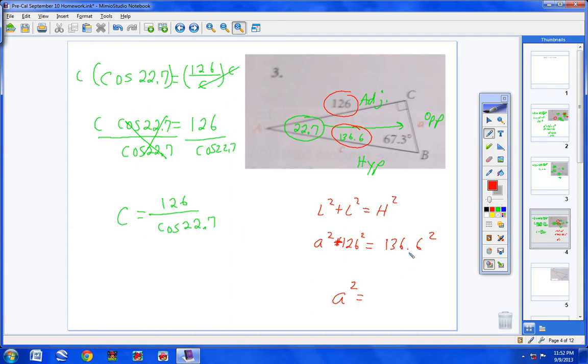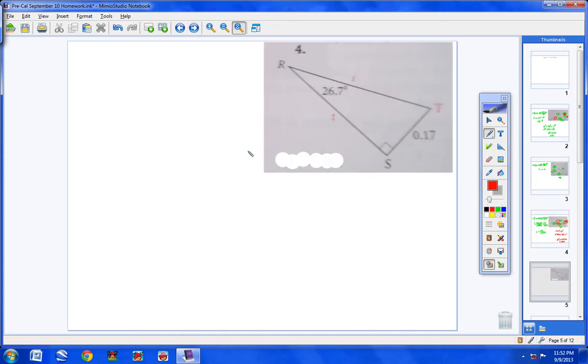Subtract those two, and you will get this answer right here, 2,783.56, and then take the square root of both sides, and you will get 52.8. So A equals 52.8. All right, moving on to number 4.